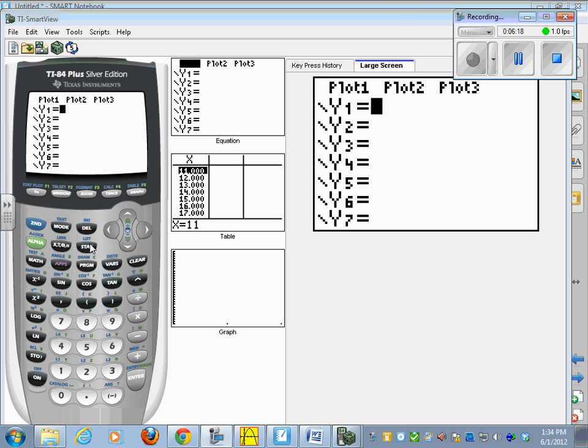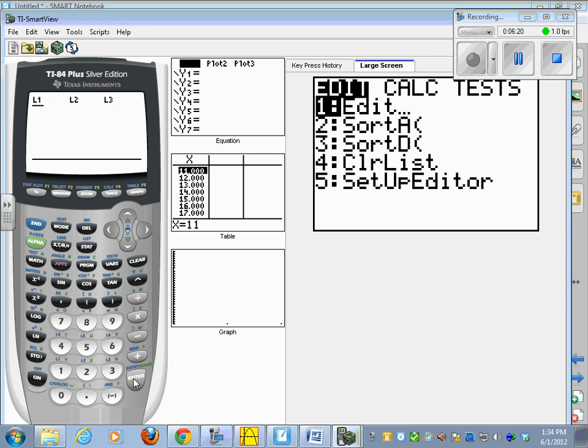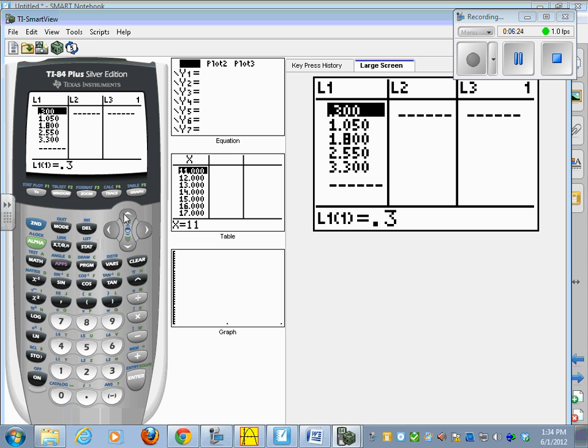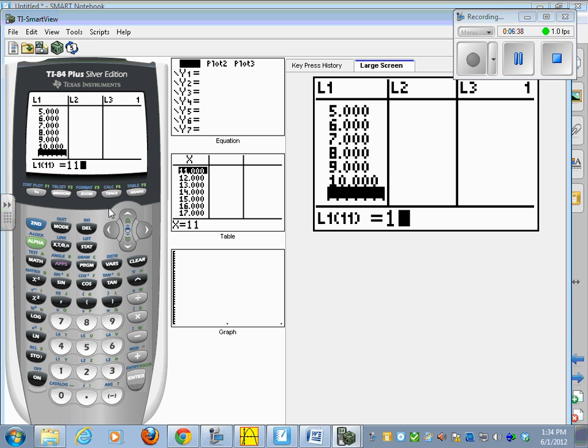Okay, so I'm going to punch in this data here. Remember to clear our L1 and our L2. Don't delete. It says here, 2A, assuming that January is month number 1. So in other words, put 1, 2, 3, and so on in your list 1.